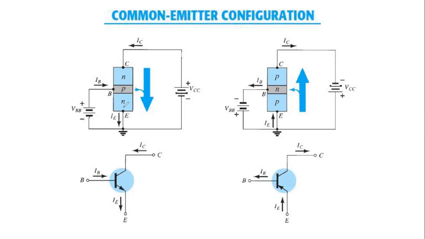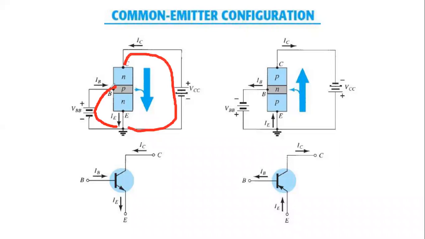Here NPN and PNP transistor configurations are both given. In the NPN transistor, the input is across base and emitter, and the output is collector and emitter.